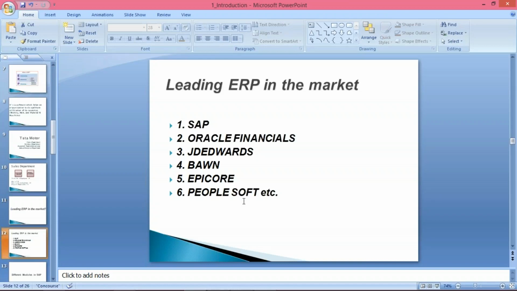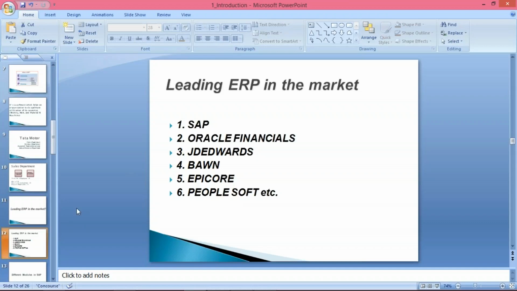Somebody has developed a different software for medical shops or small shops, which is helpful for them. So these are all treated as ERPs, but for small organizations. There are several ERPs in the market, out of which I have written a few names here: SAP, Oracle, Epicor, PeopleSoft, Navision, Tally. These are all ERPs.